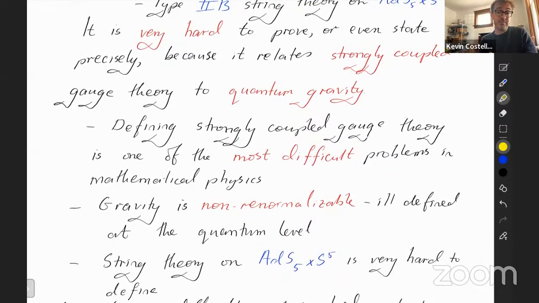On the other hand, one might try to think of it as a string theory. String theories are the way of defining quantum gravity. But it turns out that string theory in AdS5 times S5 is also very challenging. The reason I don't want to get into, but it involves the fact that this is a Ramond-Ramond background.